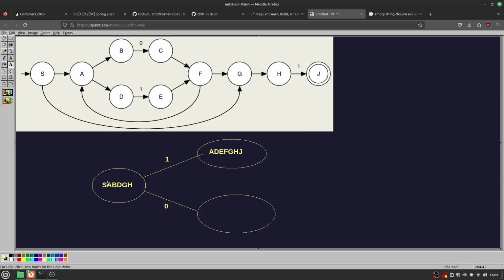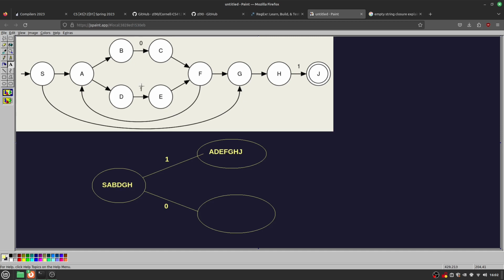Then from A, it's the same. From D, well, it's not the same, it's just less. From A, we can only get to E, F, G, and H. So D, E, F, G, and H, which are already in the set. From B, we can't get anywhere.